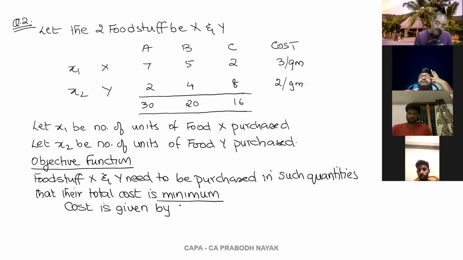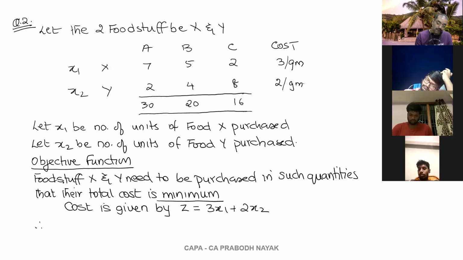So cost is given by z is equal to 3 into x1 plus 2 into x2. Therefore, the objective function will be minimize z is equal to 3x1 plus 2x2.